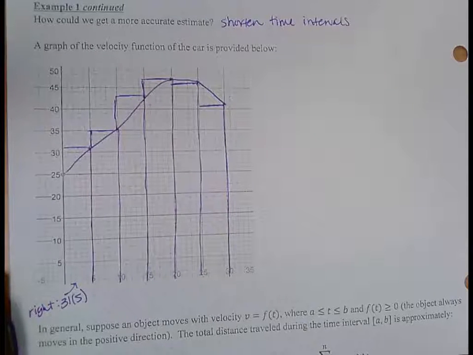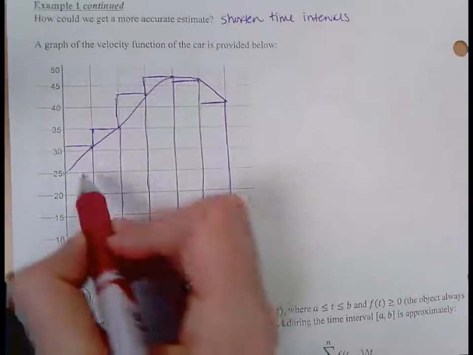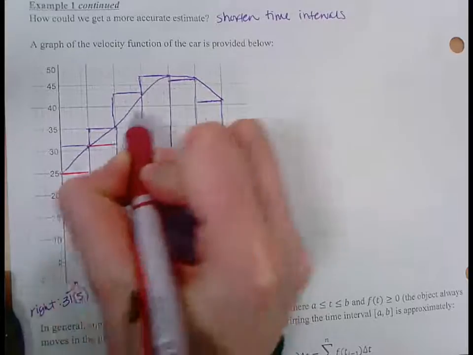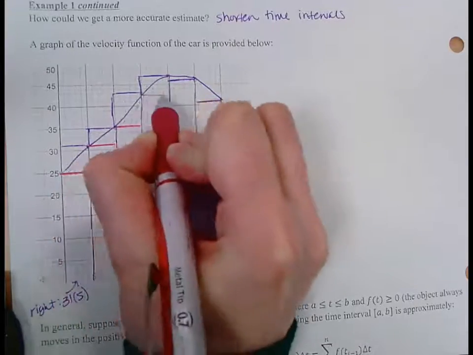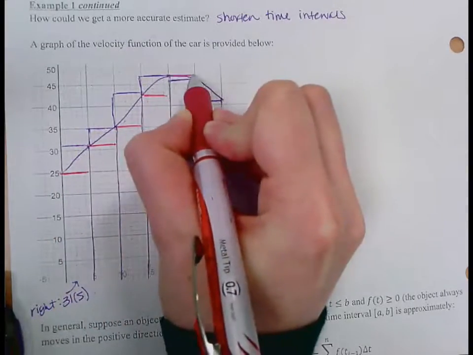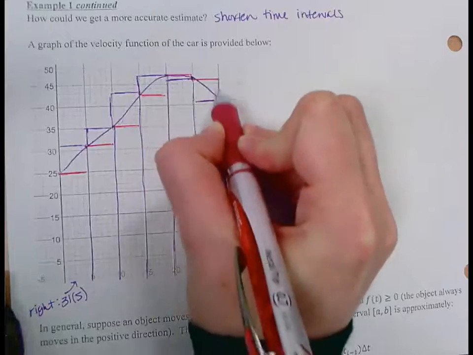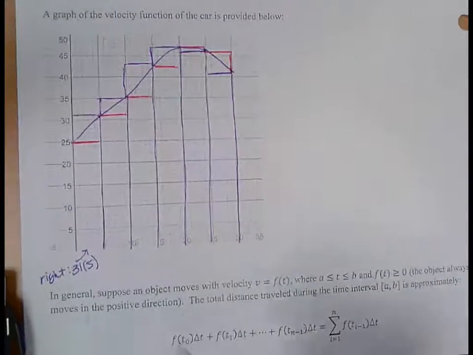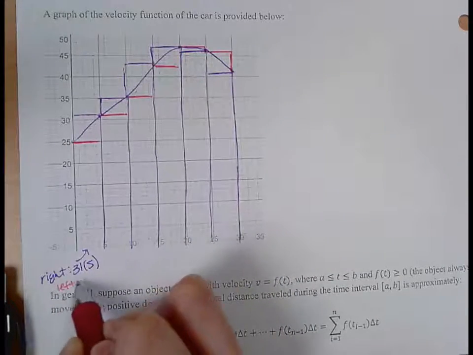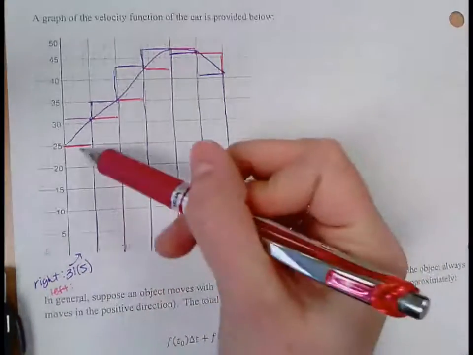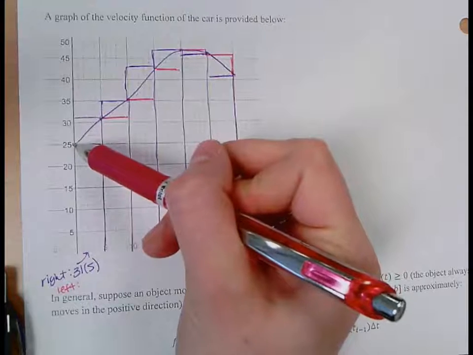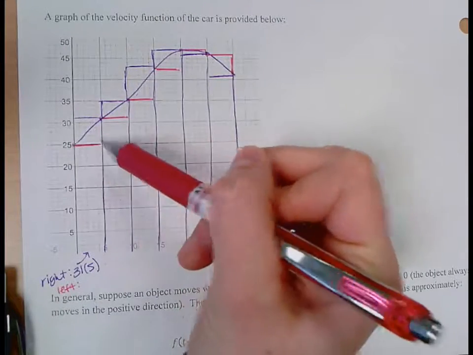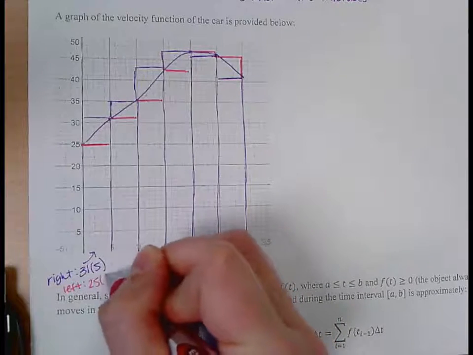If you use left endpoints, I'm going to use a different color to draw those heights over. Okay, but left endpoints, then that first rectangle would have had a height when t was 0, which was 25, width still of 5.